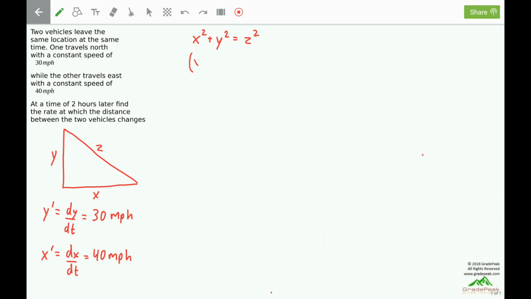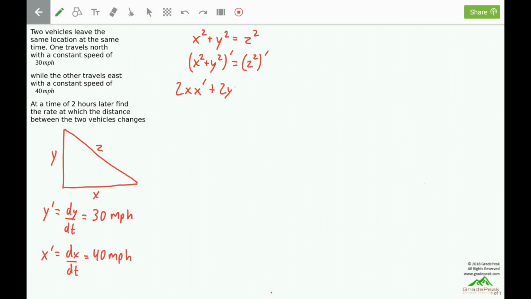To find the related rates equation, we can take the time derivative of both sides, indicated by a prime on both sides. Now, every variable is implicit with time, so every variable will get a prime in the derivative. The first term is power rule. Bring down the power, subtract 1 from it, and then multiply by the derivative inside to complete the chain rule. There's the x prime for that term. Second term is the power rule.